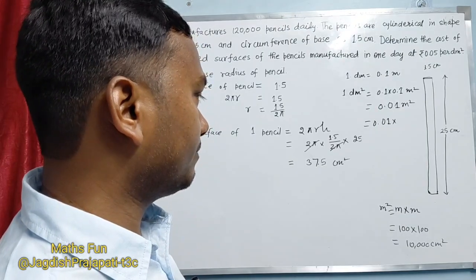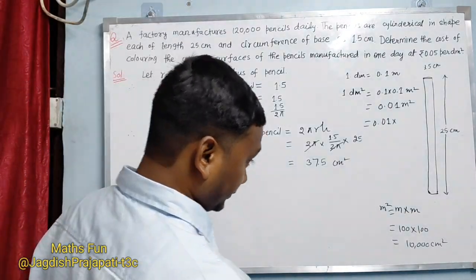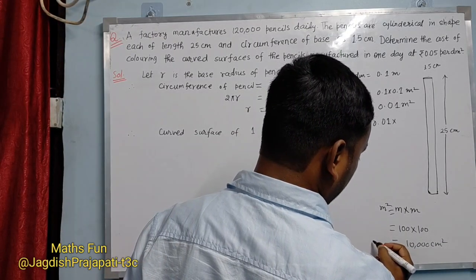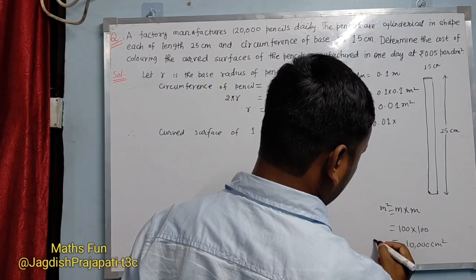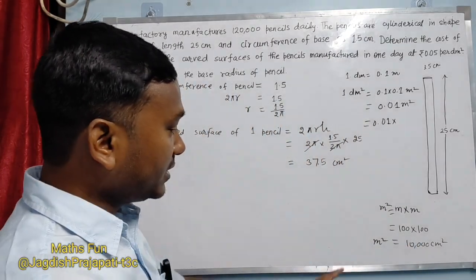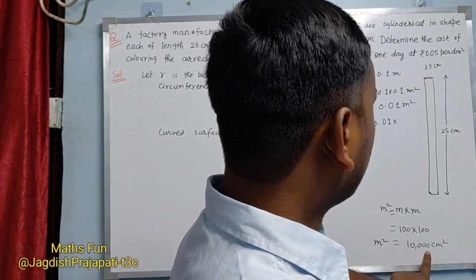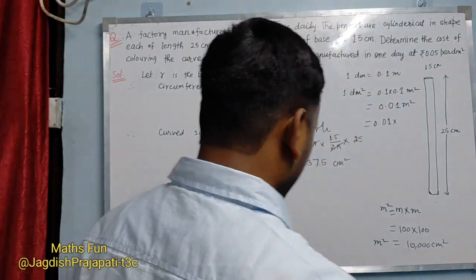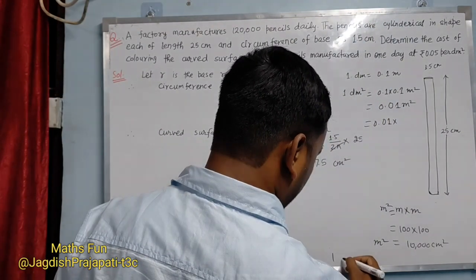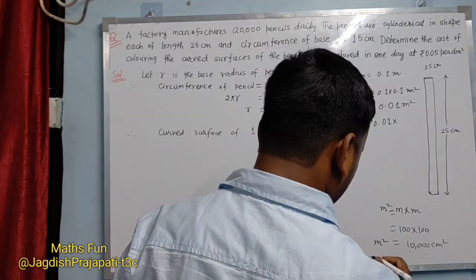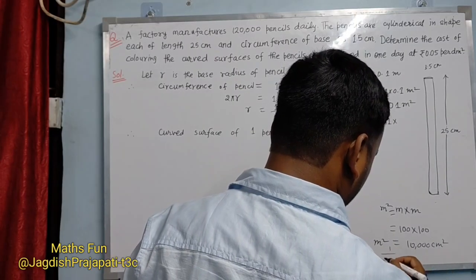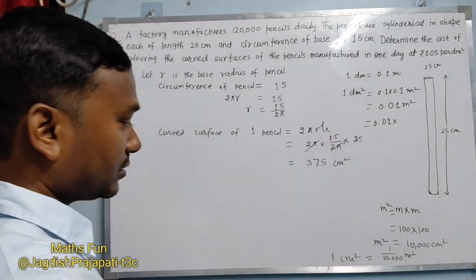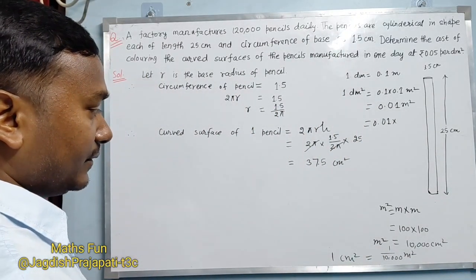So 1 square meter is equal to 10,000 square centimeter, and 1 square centimeter will be 1 upon 10,000 square meter.